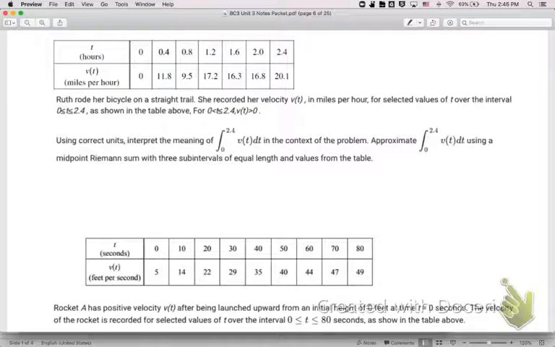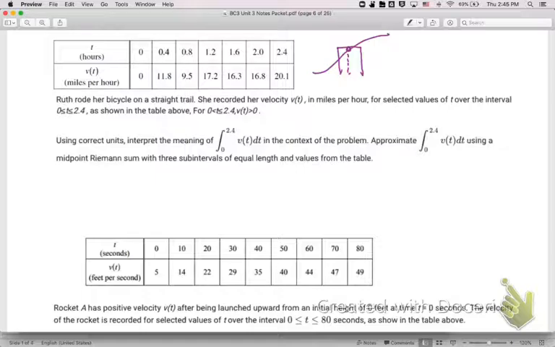Midpoint means that for the height of each rectangle, we have a curve kind of like this maybe. The height of each rectangle is going to be halfway through the width of the rectangle. And so the way you find the midpoint is to add the endpoints and divide by 2. This one is evenly spaced, so it works really nice.